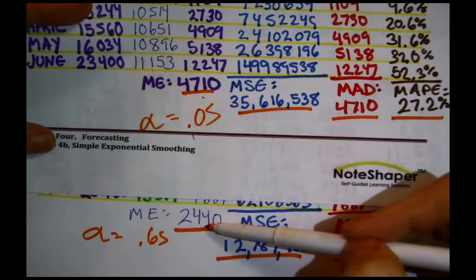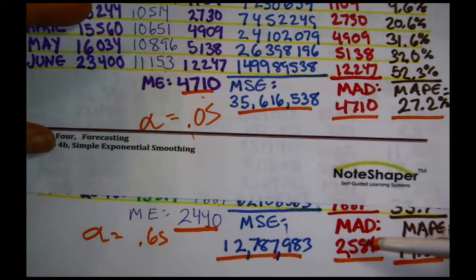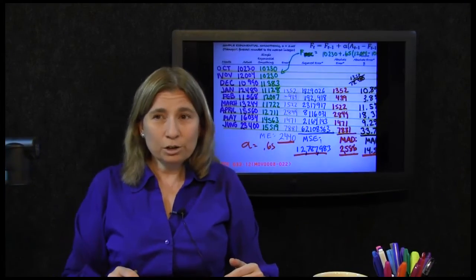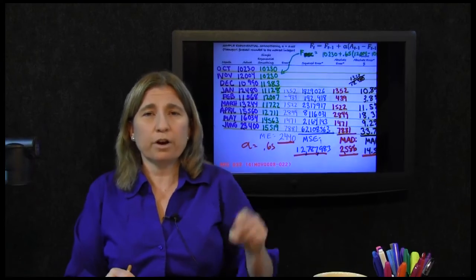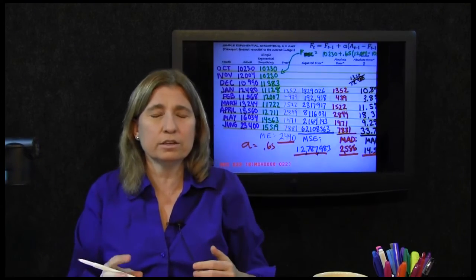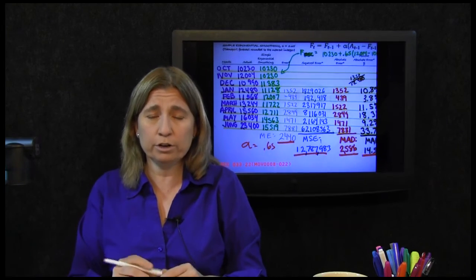I notice that the mean squared error is smaller. I notice that the mean absolute deviation is smaller, and I notice that the mean absolute percent error is smaller. So in a certain sense, you could say, oh, alpha equal 0.65, the second one we did, it wins. It does win in terms of these performance measures. It is definitely better than alpha of 0.05.